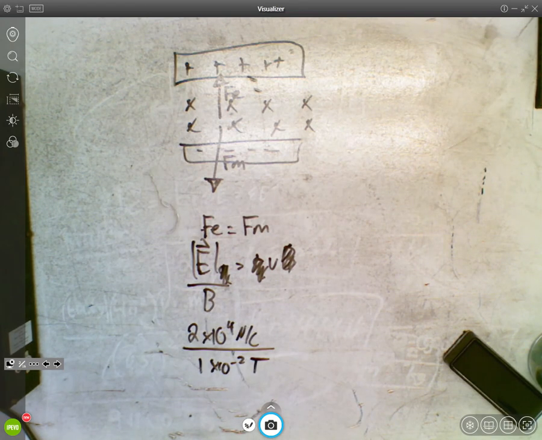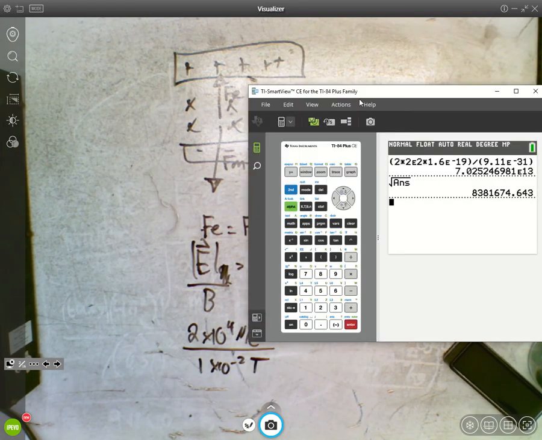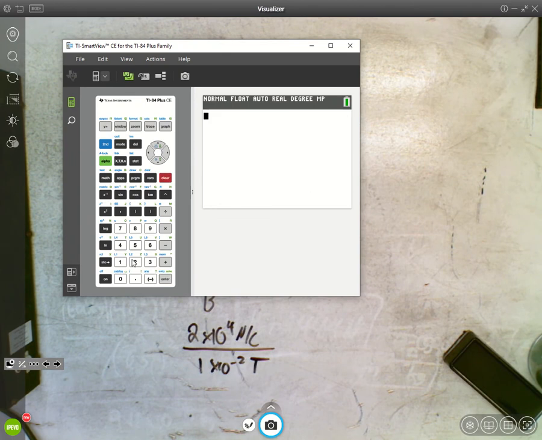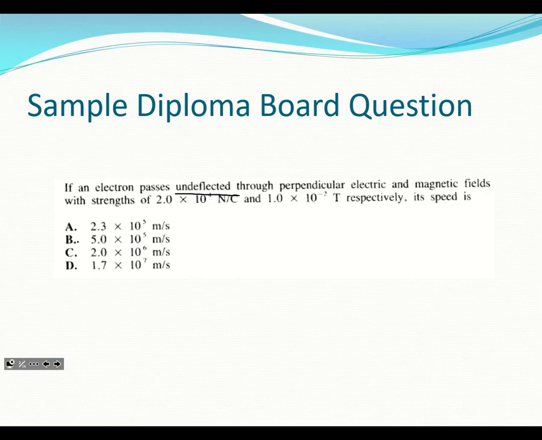If we plug that into our calculator, 2 times 10 to the 4 divided by 1 times 10 to the negative 2, we get 2 times 10 to the 6 as our answer. So that'll get us C as our answer.